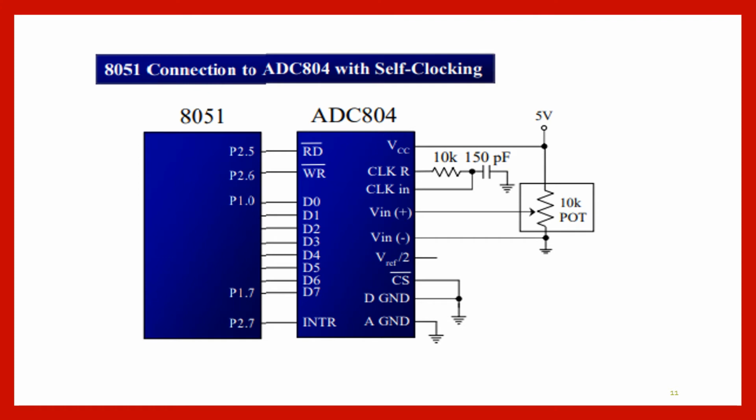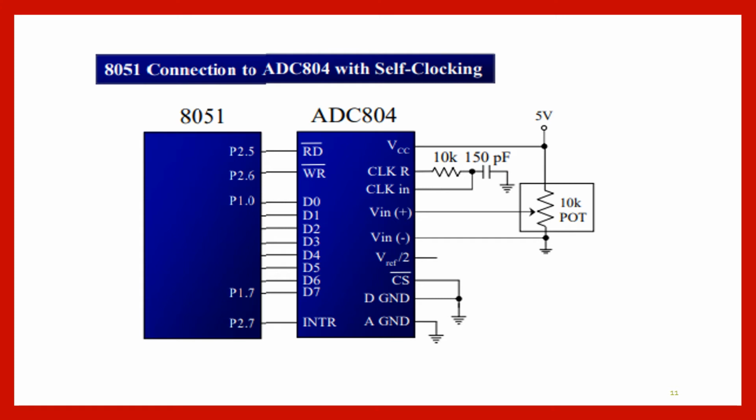Connection wise, you can use any port. For example, just for illustration purposes, we have taken port 2: P2.5 for read bar, P2.6 for write bar, and P1.0 to P1.7 of port 1, all 8 data lines, connected to D0 to D7. P2.7 is INTR.